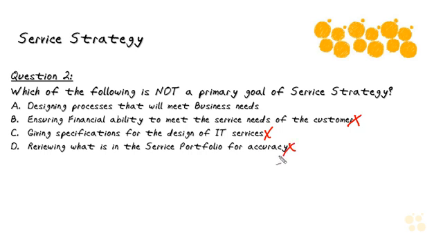Yeah, we would be doing that as part of service strategy, which leaves us with A, designing processes that will meet the business needs. This we're going to talk about next, and that is service design. So that is not a part of service strategy. So there you go, gang. We finished up service strategy, and we're going to move on to service design. We took a look at business relationship management today. I hope this has been informative for you, and I'd like to thank you for viewing.